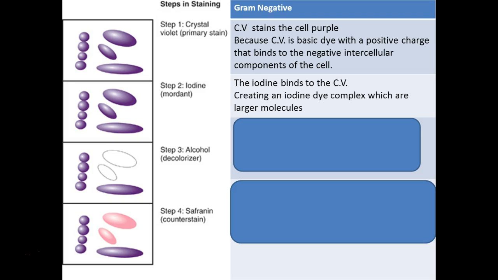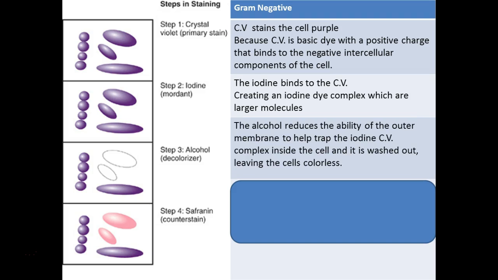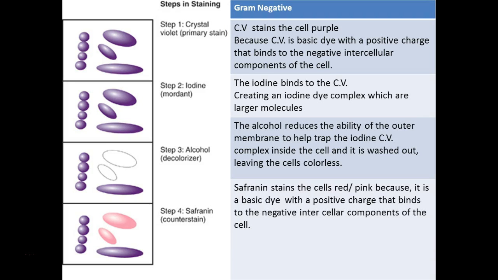And the problem with that, too, is there's not enough peptidoglycan to trap it in. So they lose the outer membrane, they can't trap in the crystal violet, so they're colorless. We want to see them, though, and colorless doesn't count. So then we're going to stain them with safranin, and they're going to be pink, pink, pink. We good? All right. That's both of them side by side.